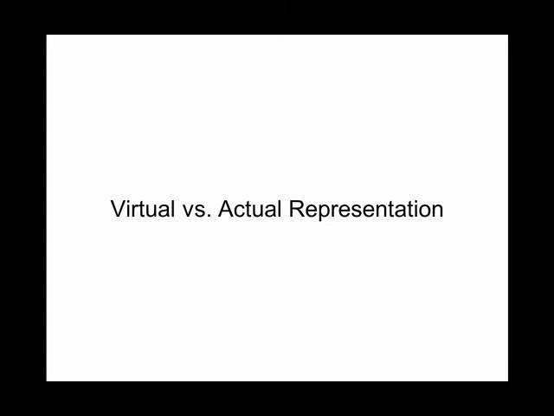A representative, from the American point of view, is someone for whom you vote, someone for whom you are a constituent. There's no other definition of a representative. And this seems like a kind of philosophical dispute, but it's really a dispute about power. Who should run a government? Who should tax?